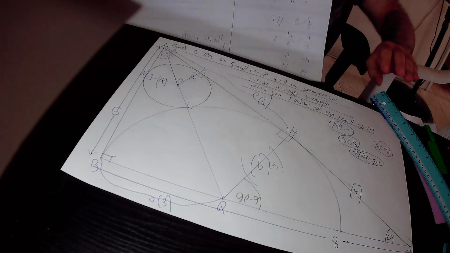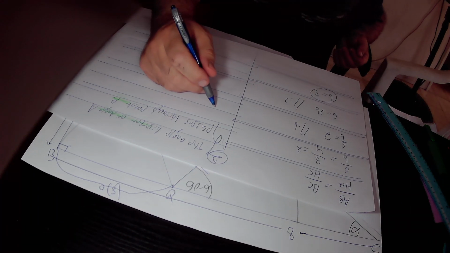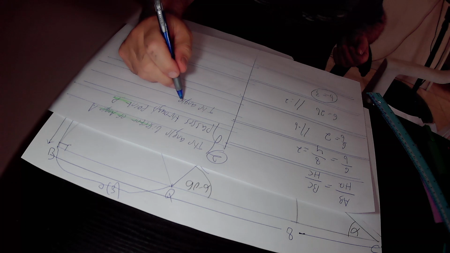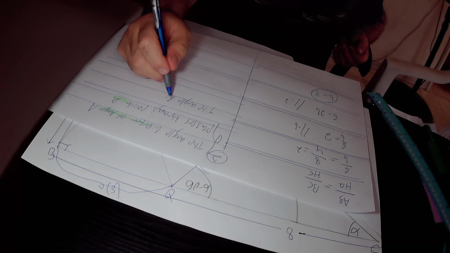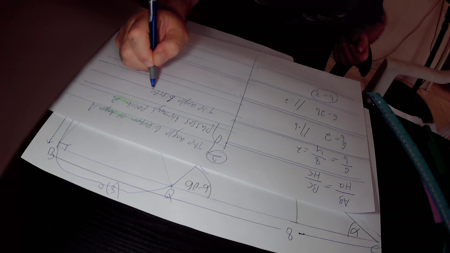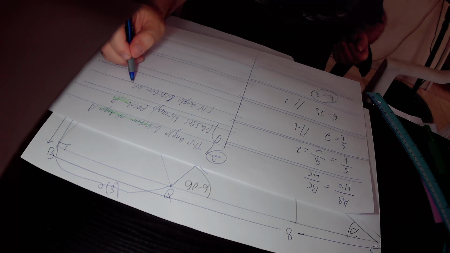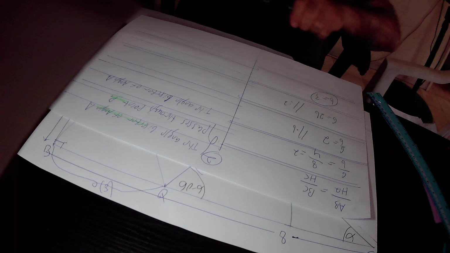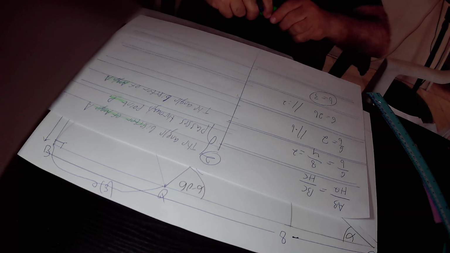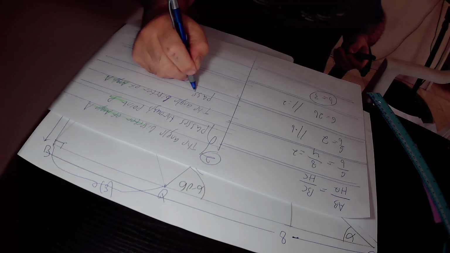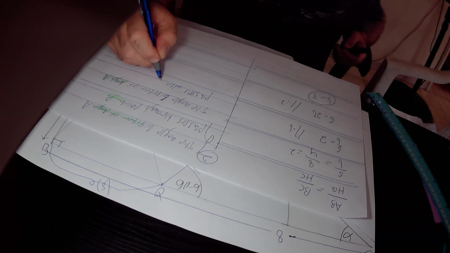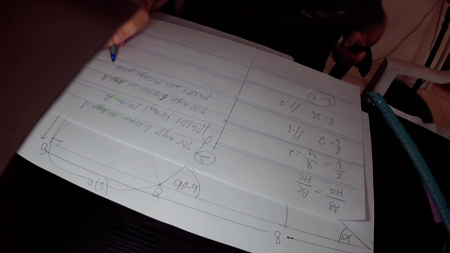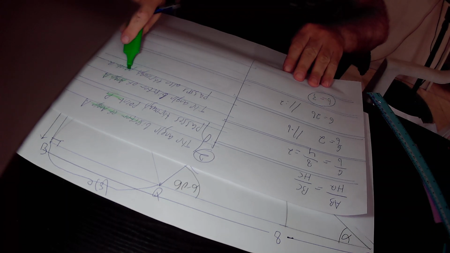Actually found out that the angle bisector of the same angle, angle A, passes also through point Q, that is the center of the big semicircle.